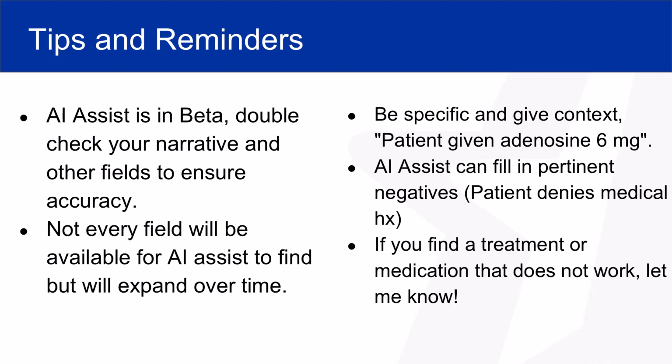When using AI Assist, be specific and give context. So instead of saying adenosine 6 milligrams, say patient was given 6 milligrams of adenosine rapid IV push. That should help AI Assist figure out what you're trying to say. AI Assist can fill in pertinent negatives, such as patient denies medical history.